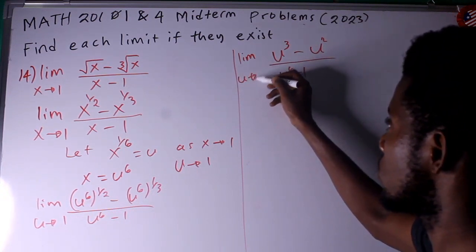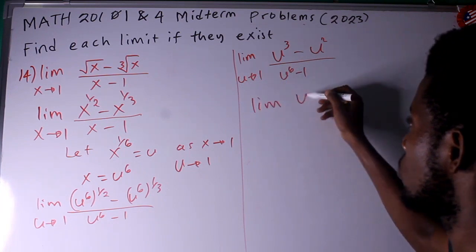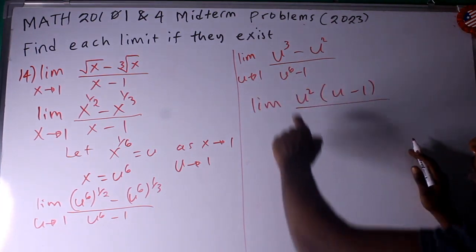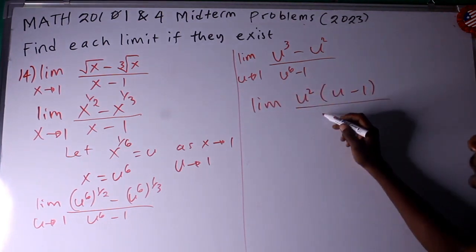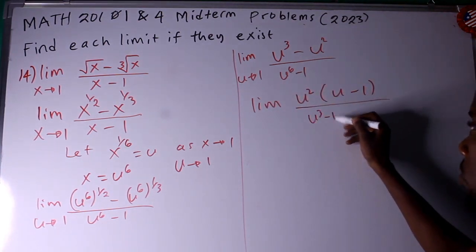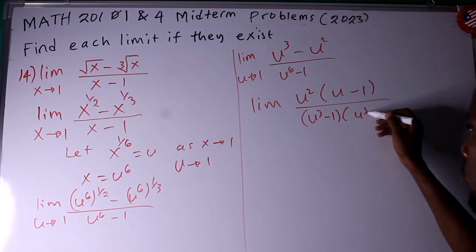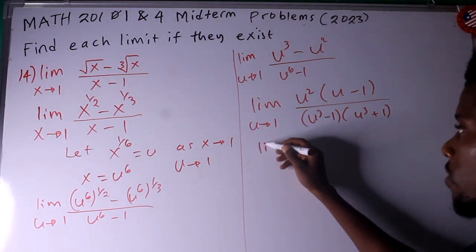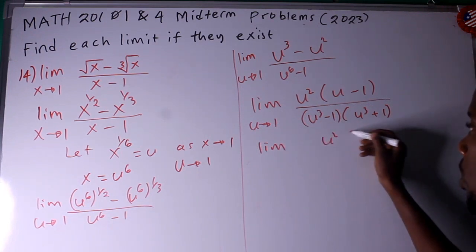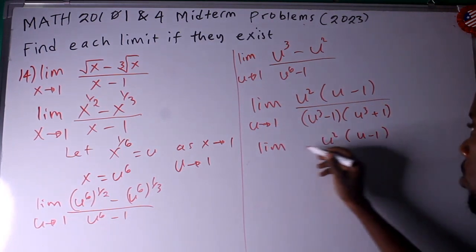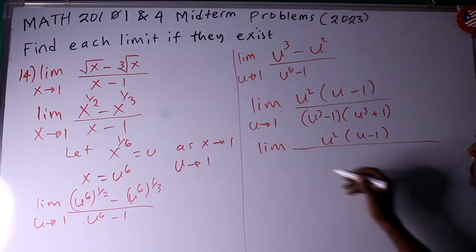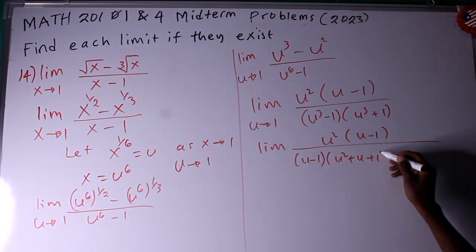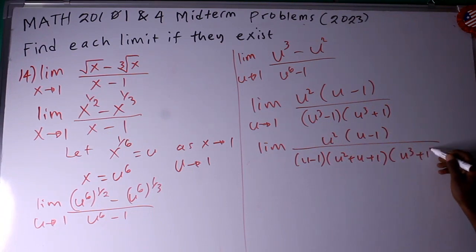as u approaches 1. So I can factor out the u squared for the numerator. I will have u minus 1. And then for the denominator, u to the 6 minus 1, I will have u cubed minus 1 times u cubed plus 1. As u approaches 1, I will have the limit of u squared times u minus 1 over u cubed minus 1, that's u minus 1, u squared plus u plus 1, times u cubed plus 1.